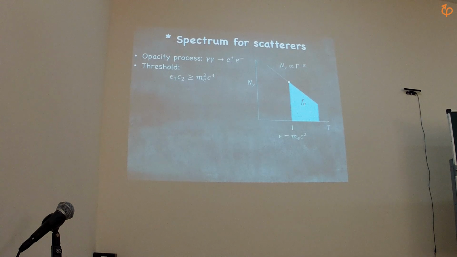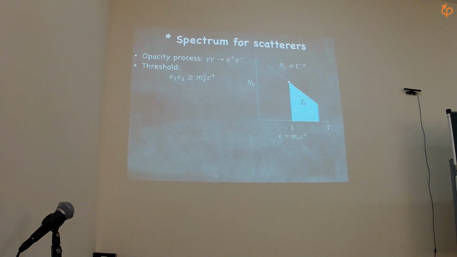Because if my condition is that epsilon 1 times epsilon 2 is equal to me squared c to the power of 4, and epsilon 1 is equal to 0.1 me c squared, then epsilon 2 is equal to me squared c to the power of 4 divided by epsilon 1.